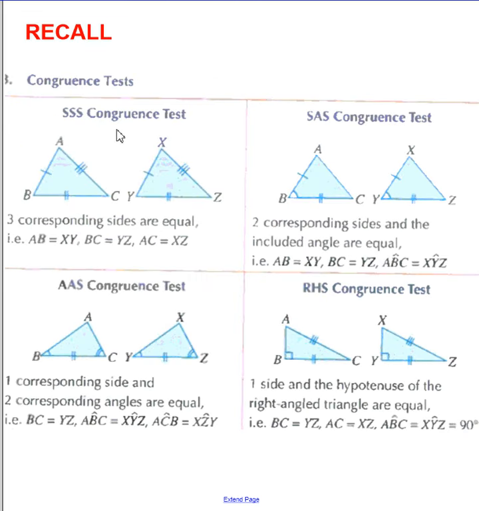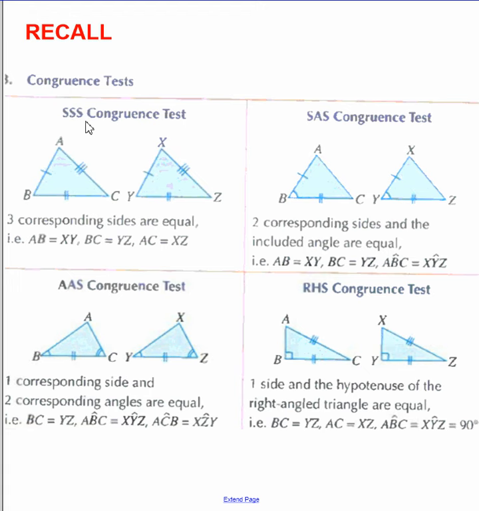Now you need to recall the congruency tests and the similarity tests, because this is what you will apply when giving the reason. For congruence, there are 4 tests. You can prove any one of them to show that it is a congruent figure.